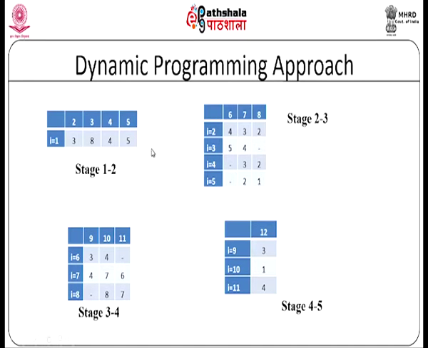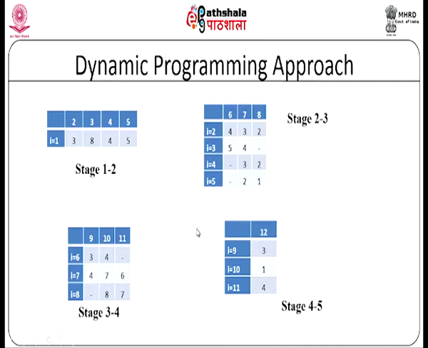Consider this scenario where from 1 you have edges to vertices 2, 3, 4 and 5 with this particular edge cost. Similarly, this is your stage 2 to 3 with this cost, and this is stage 3 to 4 with this particular cost, and from stage 4 to 5 with this particular cost.